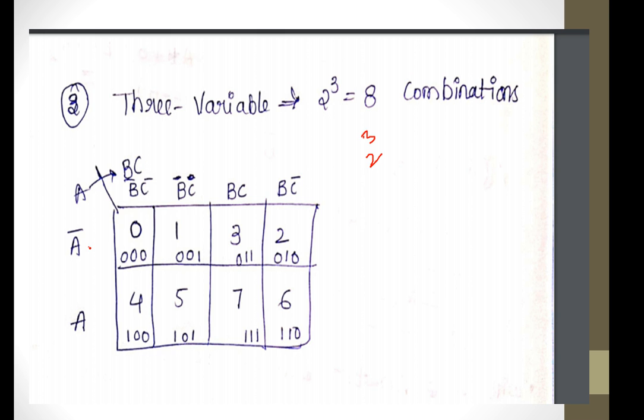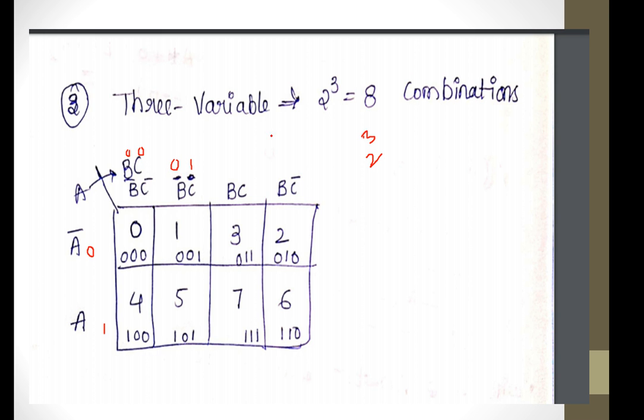First I am taking A bar here, that is 0, and A here, that is 1, and here I have 00, the first combination, and 01.